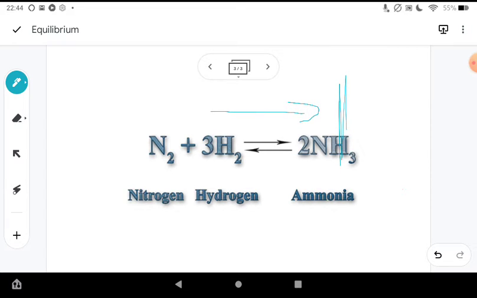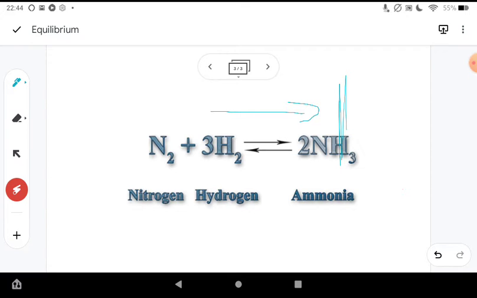Okay, so it will move to the right, or it will favor the products, or it will move in the forward reaction or favor the forward reaction. So that's the language you use. You're not going to create 100% ammonia, you're just going to get more ammonia because you're counteracting the increased concentration of nitrogen and hydrogen, because these two are then going to start colliding and reacting more often. Okay, so that's the first one.